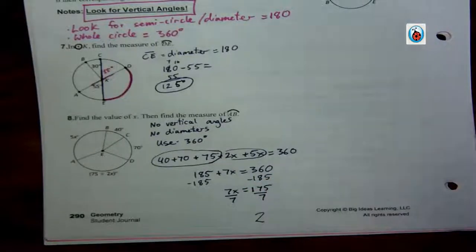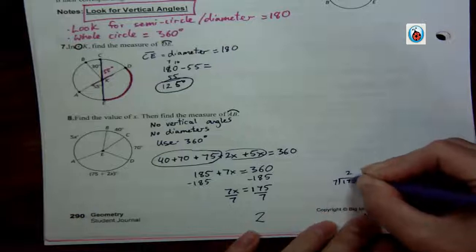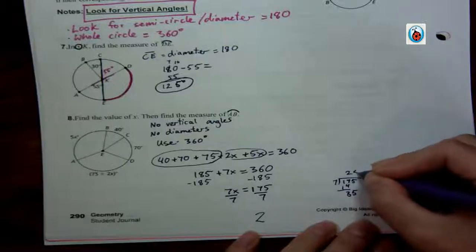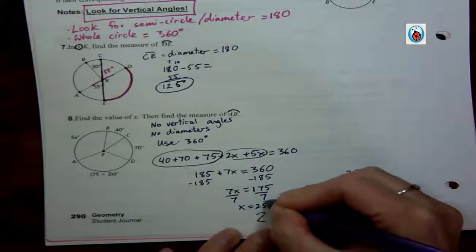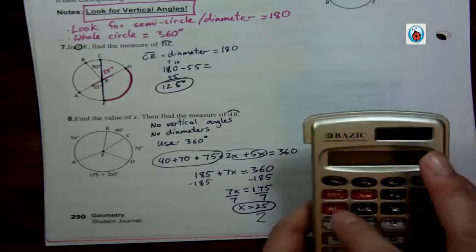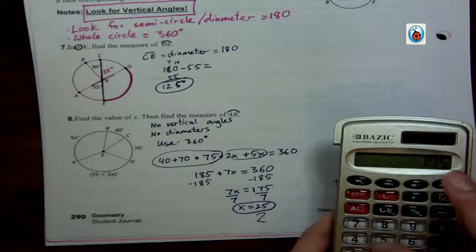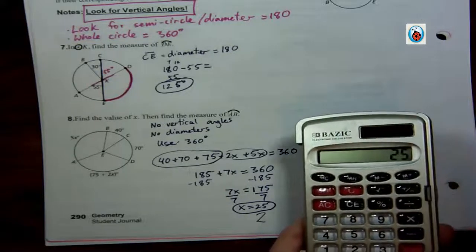If you want a refresher on how to divide by hand, I write it out and say 7 goes into 17 2 times, that's 14. I subtract, I have 3 left over, 7 goes into 35 5 times, so then my answer is x equals 25. I could also type it into a calculator if I'd rather, so I can do just on your phone calculator, any little calculator you have, 175 divided by 7 to get the 25.